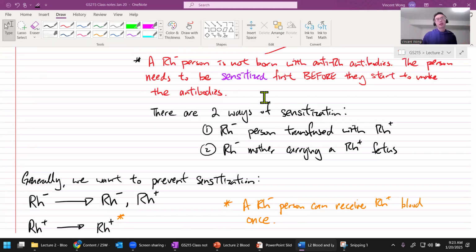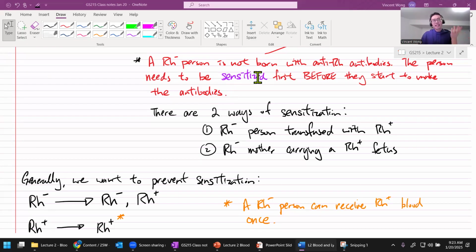Just quickly recap. Sensitized means a negative person is exposed to positive blood. Only negative people can get sensitized. Okay? If you're positive, you're not going to get sensitized. It's like you already have positive blood. You cannot get exposed to it. And here is something I want to emphasize. In the past, students get confused with this.